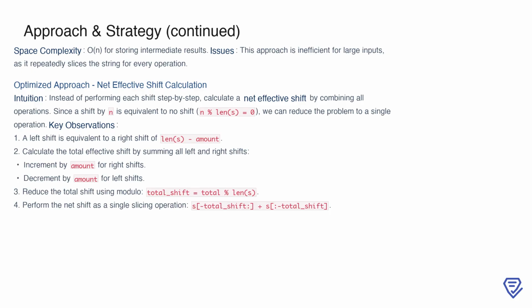Additionally, we recognize that a left shift is equivalent to a right shift by the complement of the string's length. With this understanding, we calculate the net shift by summing up all right shifts and subtracting all left shifts, then reducing the result to fit within the string's length using modulo. Finally, we perform a single slicing operation to apply this effective shift, making the approach both time-efficient and conceptually elegant.